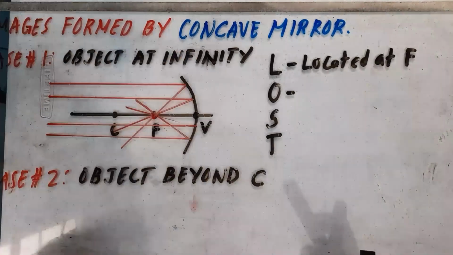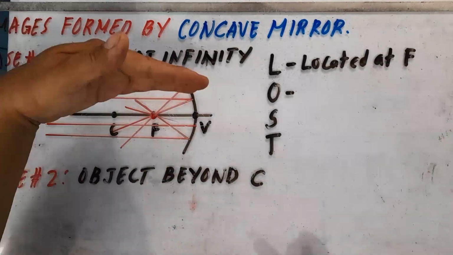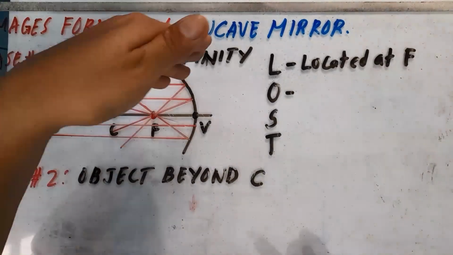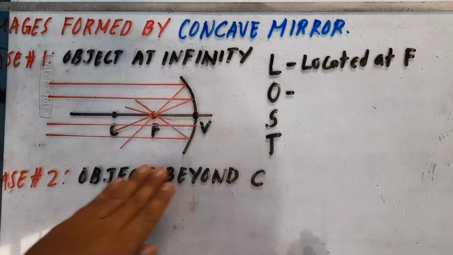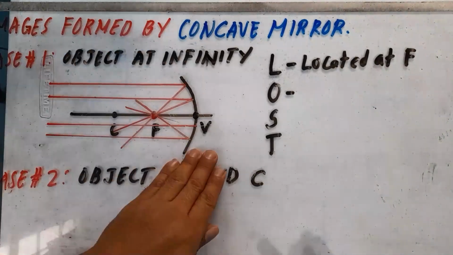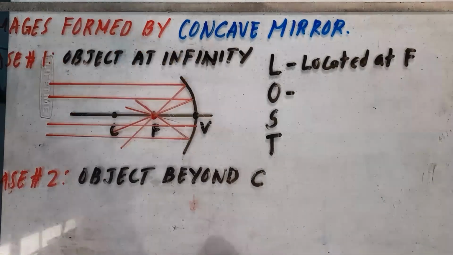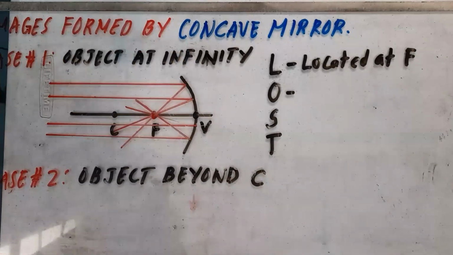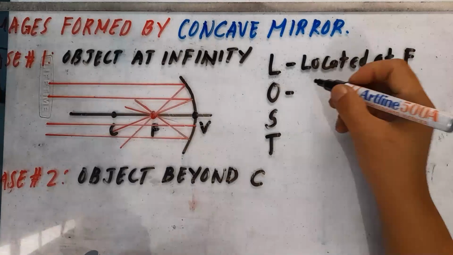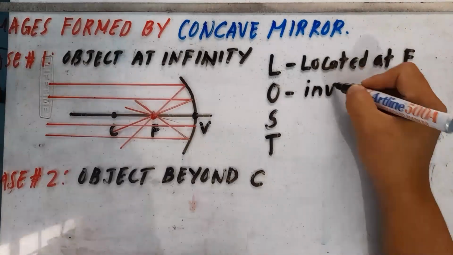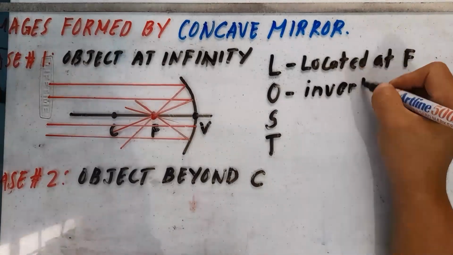It means the light ray from the top goes down and the light ray from the bottom goes up, so it means an inverted image. Therefore, the orientation of the image becomes inverted.